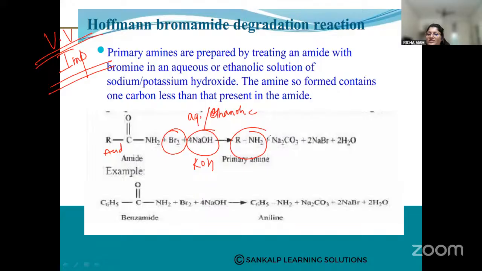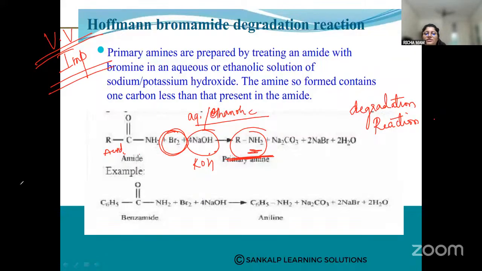The amine which is formed here has one carbon less than that of the parent compound, and thus these reactions are called degradation reactions. Because we are heating the acid amide with bromine in the presence of aqueous or ethanoic NaOH or KOH to give primary amines, these primary amines have one carbon atom less than the parent amide.